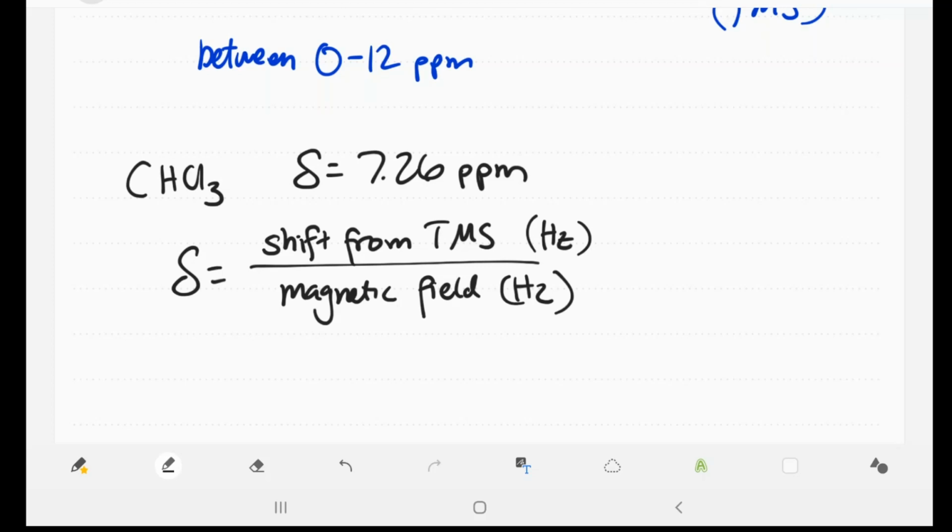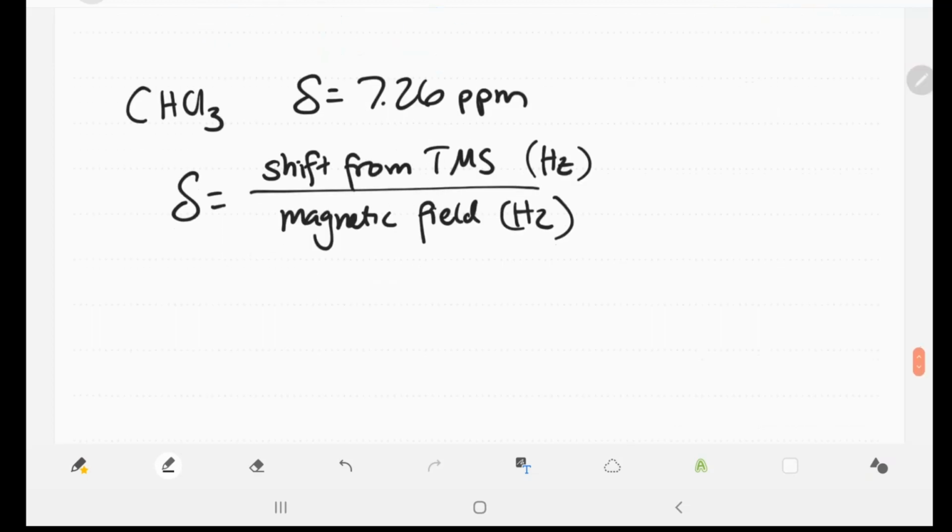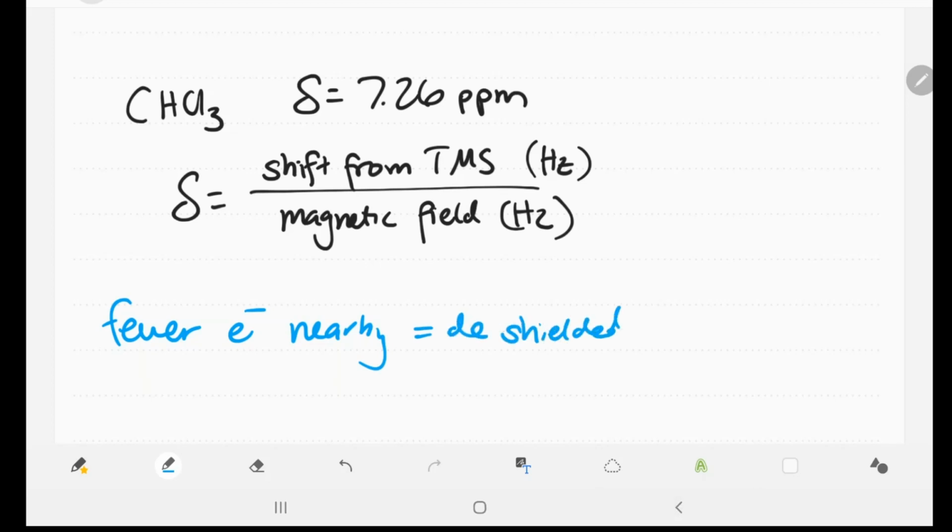So the more deshielded you are, the fewer electrons you have blocking your nucleus, so you're more likely to get flipped over, right? Let me just say that again. Fewer electrons nearby, deshielded, more likely to flip, to resonate.